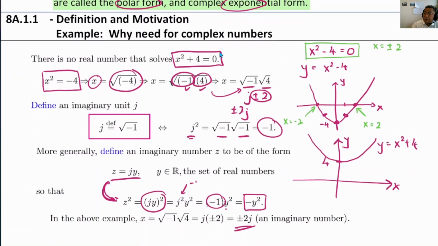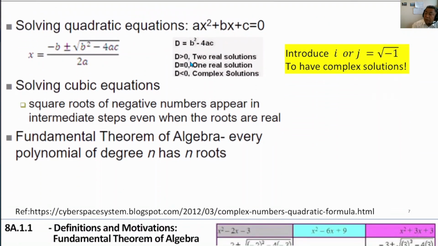In our previous example we had x squared plus 4, so we had the quadratic term but not the x term. Now if we introduce the x term, which is the constant b times x, then the solution which we studied in high school is x equals minus b plus or minus the square root of b squared minus 4ac, divided by 2a.